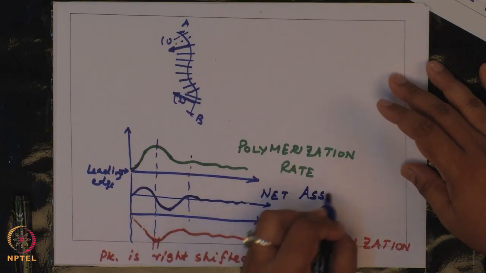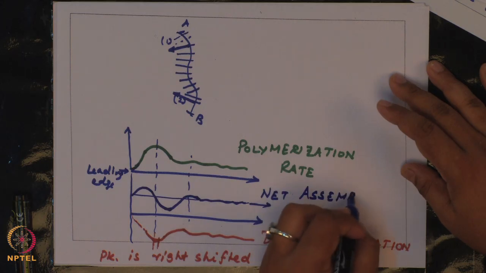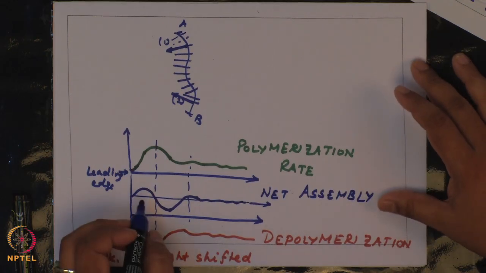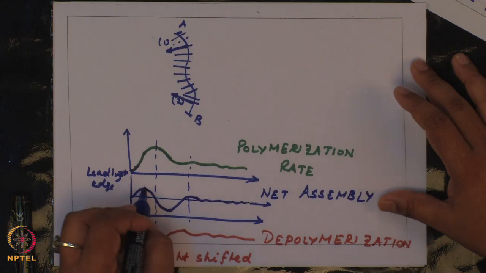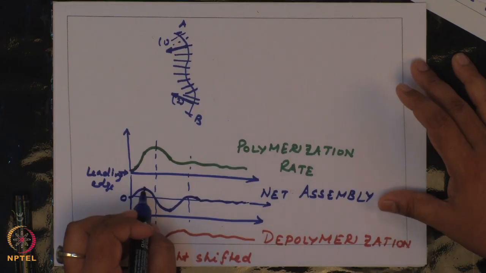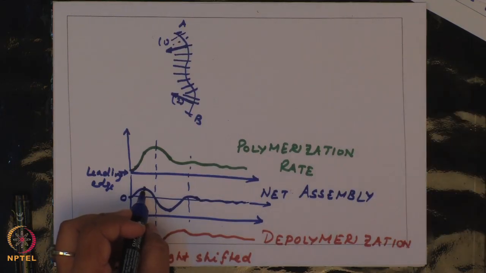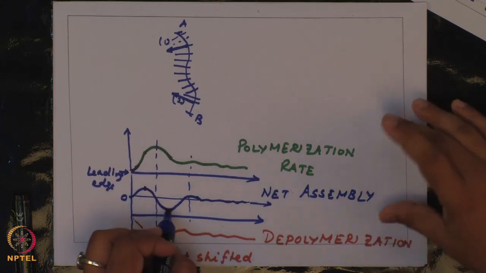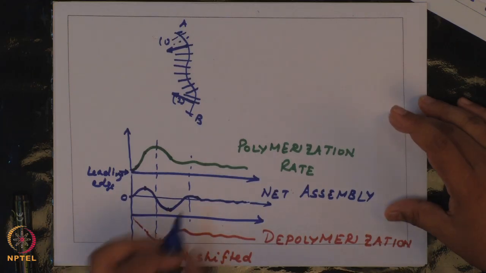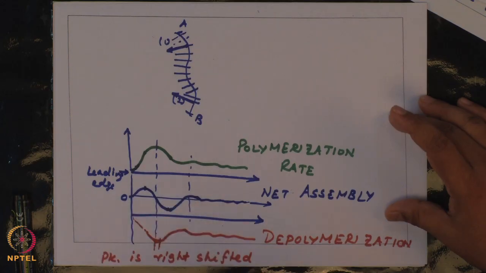Polymerization plus depolymerization, the sum of the two signals, will give you the net assembly rate. So, what you find is a peak here. This positive peak, so let us say this is 0, is significant of net polymerization, followed by a negative peak which is basically the peak of depolymerization, and a minor peak here.